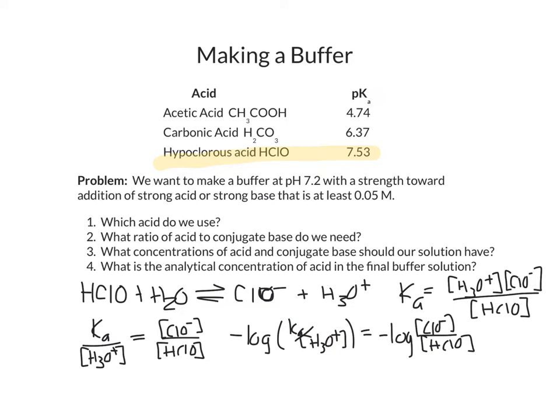And so I have minus the log of Ka minus the log of [H3O+] is equal to minus the log of the ratio of conjugate base to conjugate acid.